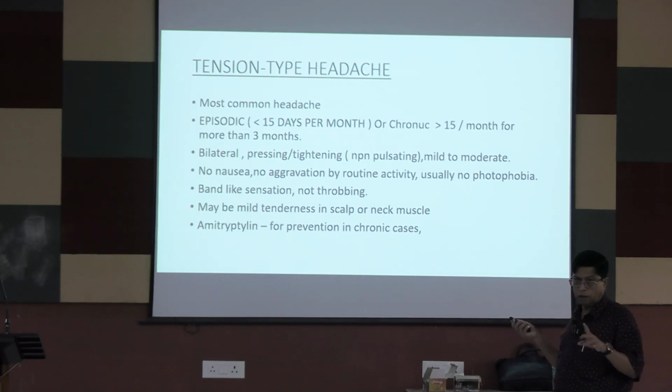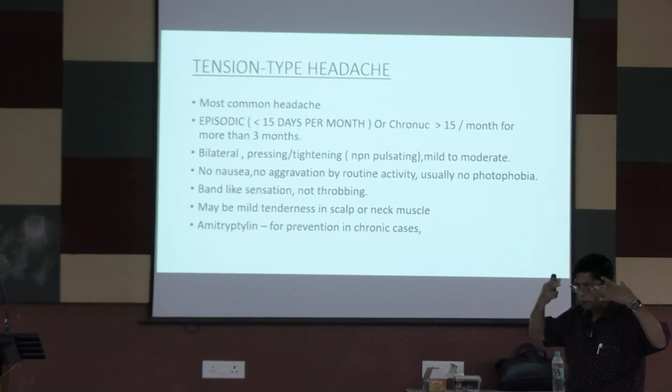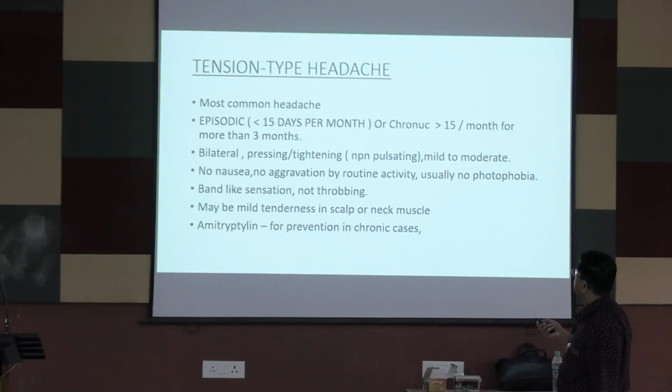It is usually bilateral. In migraine we have told it is usually unilateral, and cluster headache is also usually unilateral. But tension headache is bilateral, band-like, pressing or tightening, non-pulsating, mild to moderate. Migraine and cluster headache may be pulsatile, coming and going, but this is not that. It is a continuous headache, bilateral and band-like.